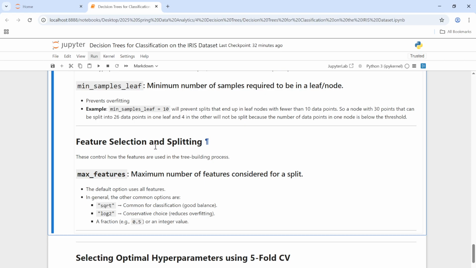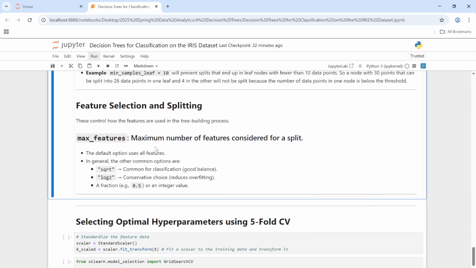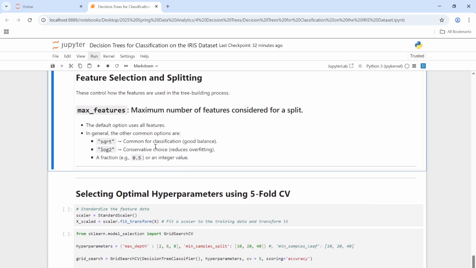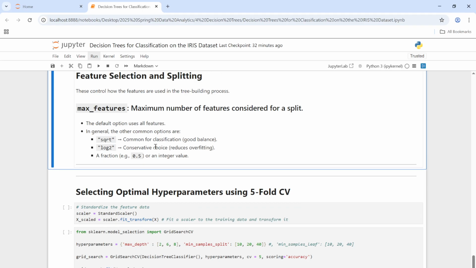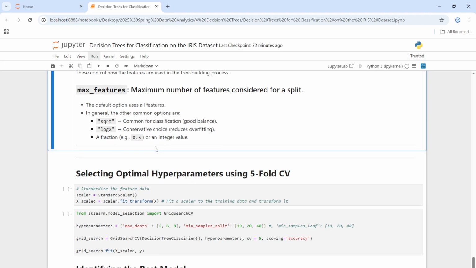We also have another feature which we're going to be talking about a little bit more when we talk about random forests. It's the maximum number of features that we're going to be using when we consider a split. So keep in mind that for this specific data set, we have 4 input features. There's sepal length, sepal width, petal length, and petal width.